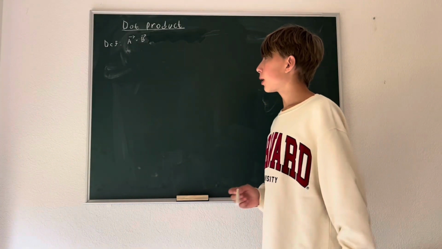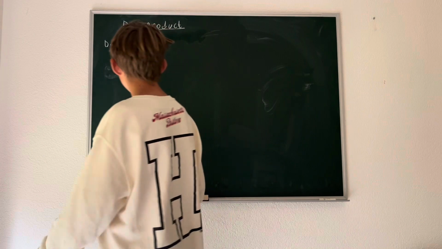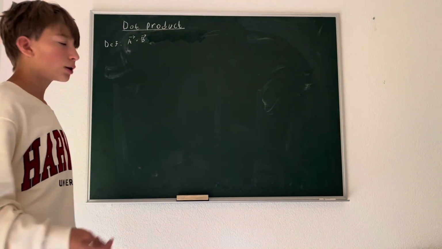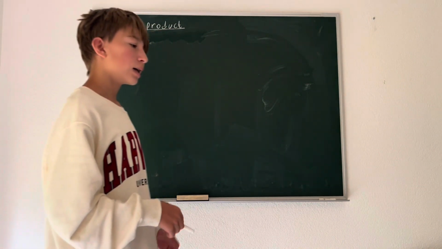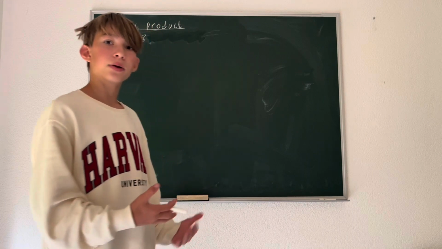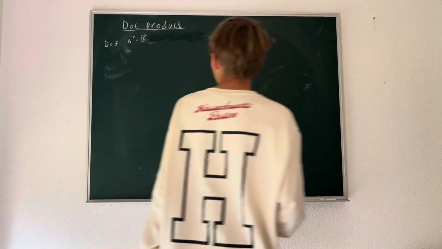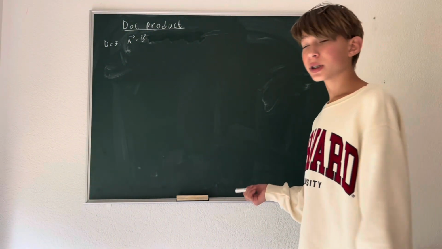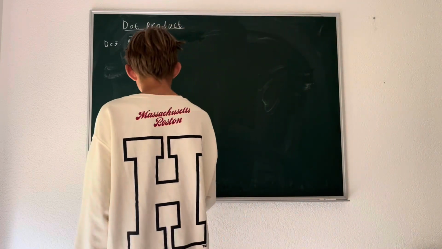So now we can talk about the dot product. The dot product is a way of multiplying two vectors and getting a scalar value, a number. But how do we actually compute this dot product?